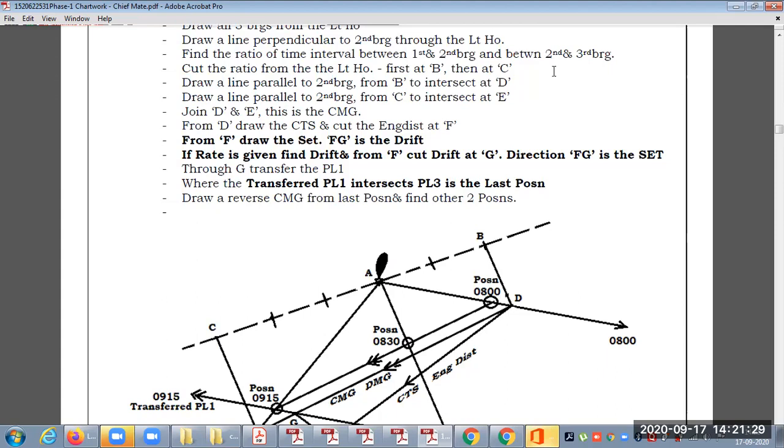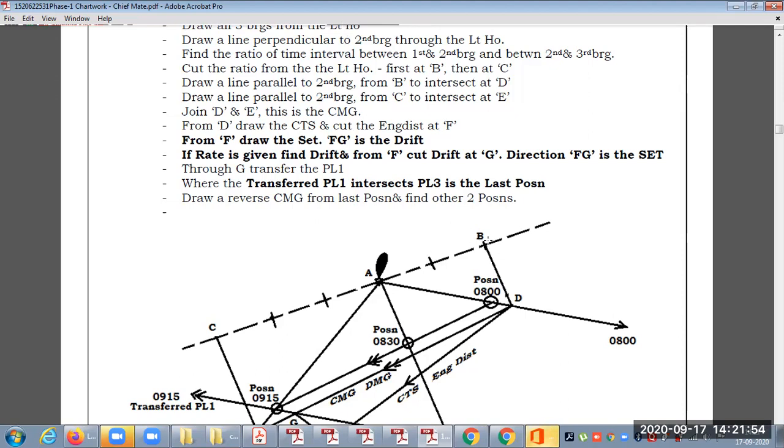Now the ratio of 30 is to 45, you can take any ratio which is comfortable on your chart for the scale, and we cut the ratio on this line. Suppose for 30 is to 45, we take 6 is to 9.